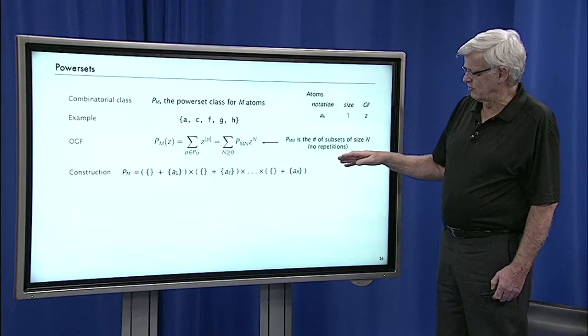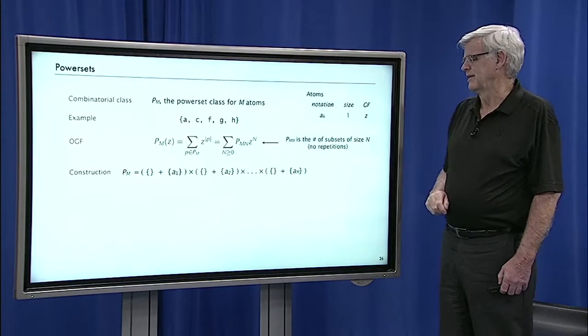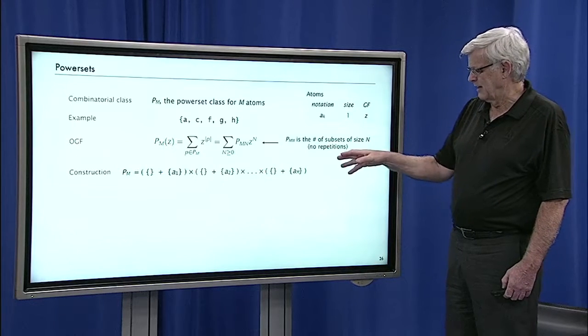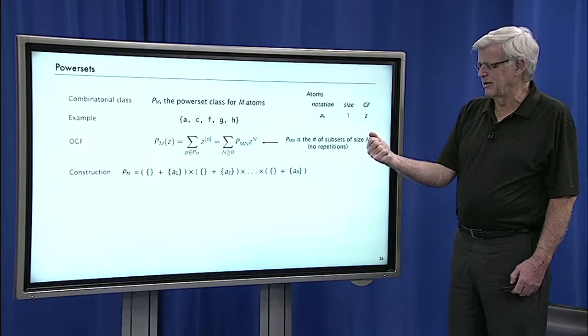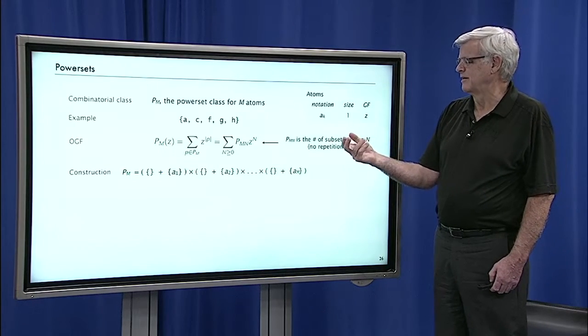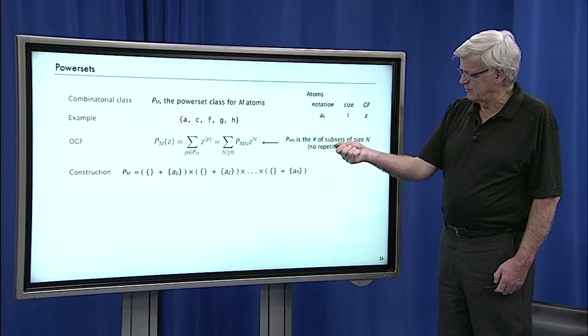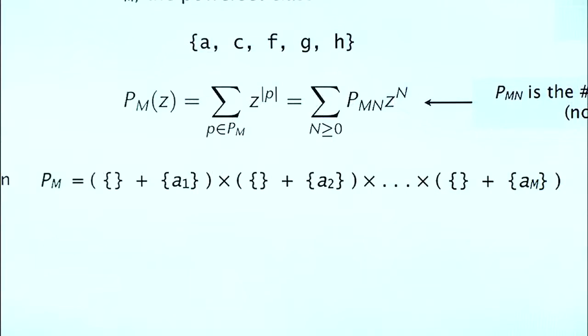The lemma that I just showed is the construction. It's simply the empty set plus A1 times the empty set plus A2 and so forth times the empty set plus Am. And so that immediately translates to the generating function equation.